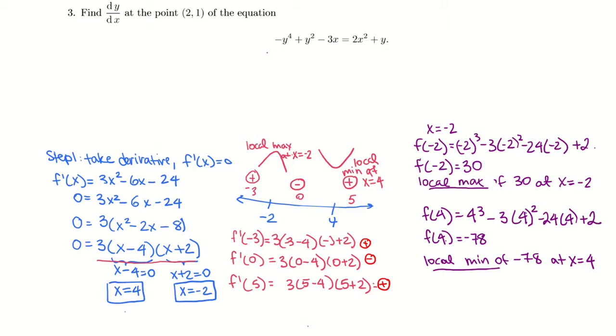Problem 3, find dy dx at the point (2, 1) of the equation negative y to the fourth plus y squared minus 3x equals 2x squared plus y. So first we take the derivative. Remember, this is implicit differentiation.